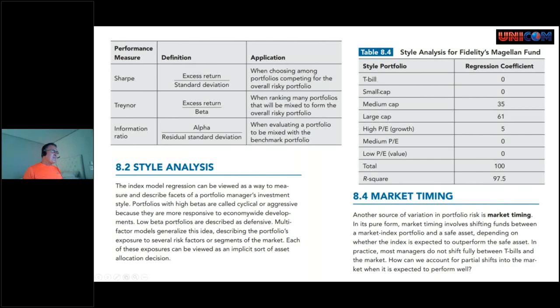The fund manager may believe that large cap is the driver, or small capitalization shares. They may be using a T-bill approach, high price to earnings growth, medium price to earnings, low price to earnings, etc. Right? There are many other styles. There are many styles that a fund manager may be using to generate returns.